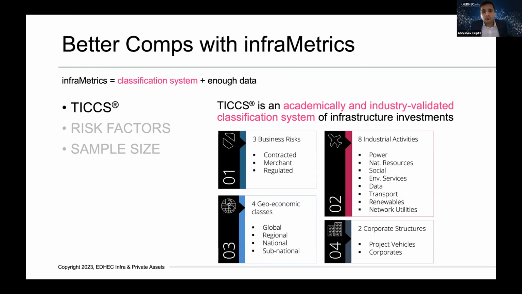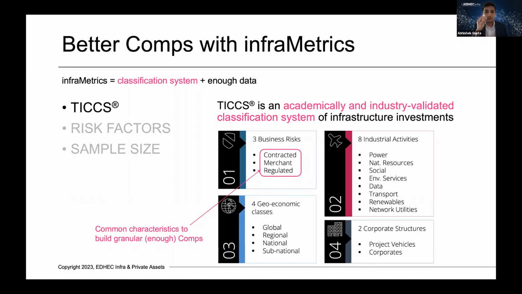infraMetrics allows you to do that because we talked about the classification system that's important to have. So we have come up with this TICS classification system, which is now industry reviewed and academically sound. We have divided infrastructure investments into these 4 pillars: 3 business risk, 8 industrial activities, 4 geoeconomic classes, and 2 corporate structures. This allows us to compare these common characteristics, which will be relevant to build these granular comps.